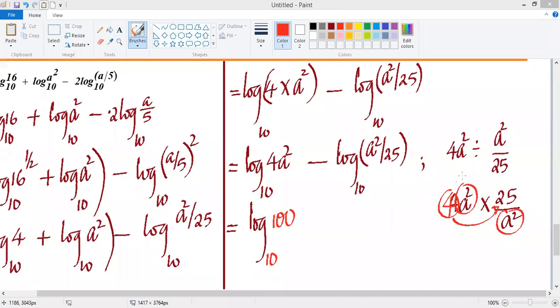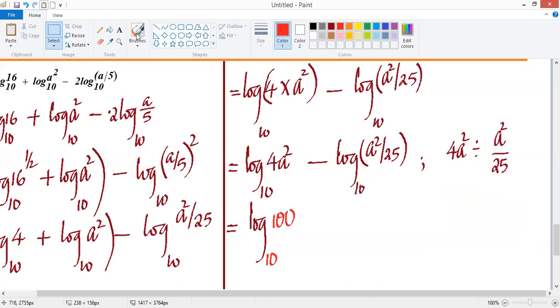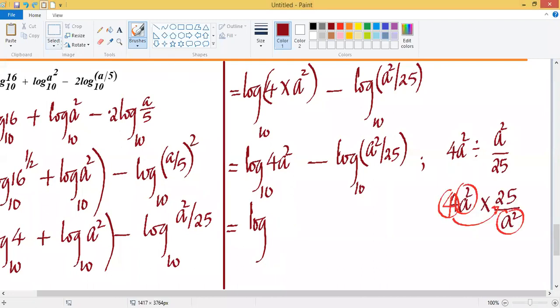I'm seeing someone talking about a -2. Sir, I'm not getting how we have come to 100 base 10.